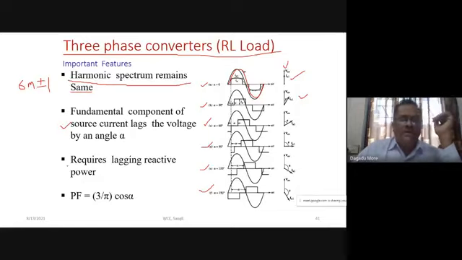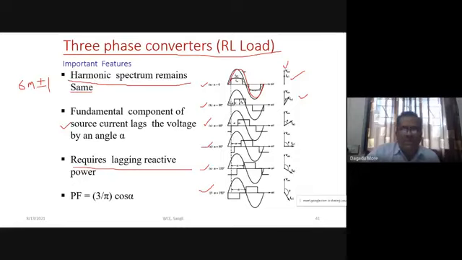And we have seen that this converter always works on a lagging power factor, so it requires lagging reactive power. The power factor of this 6 pulse converter is given by 3 by pi cos of alpha.